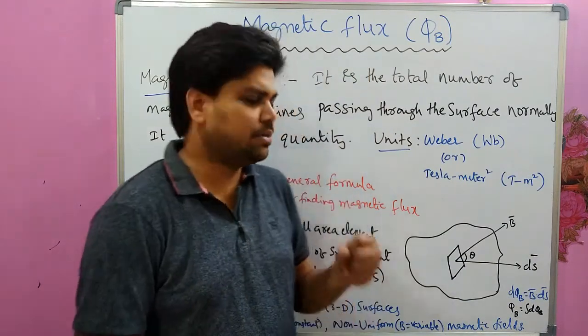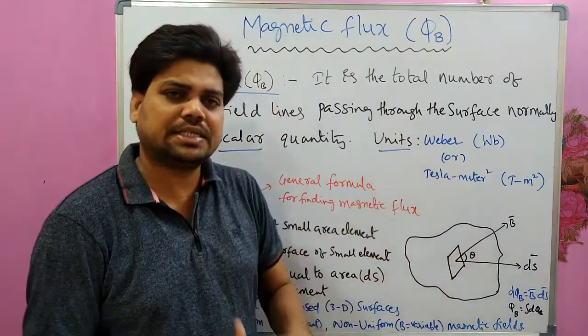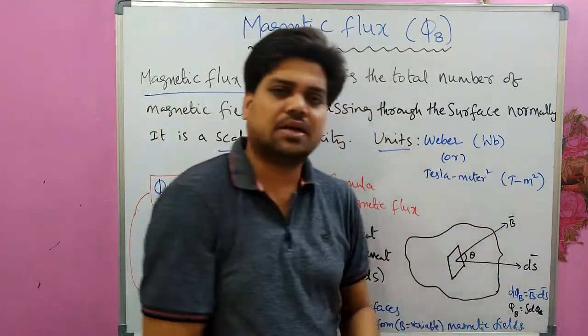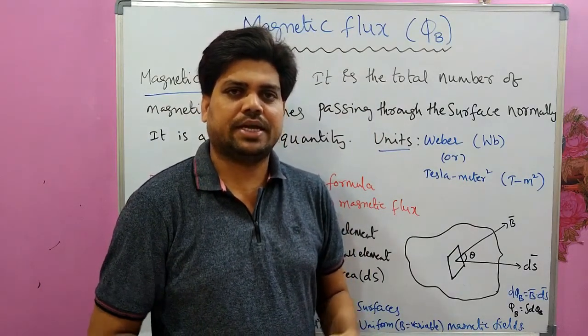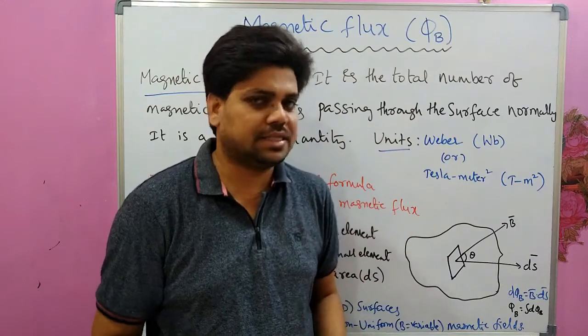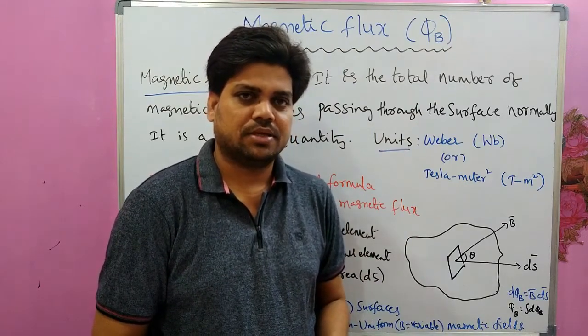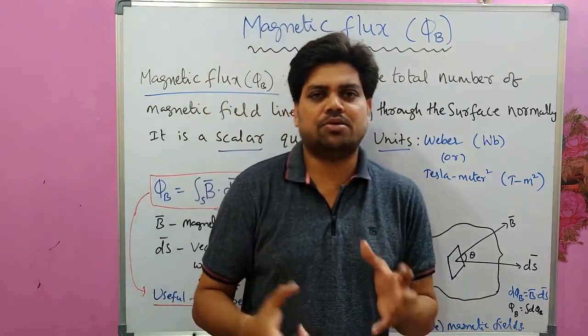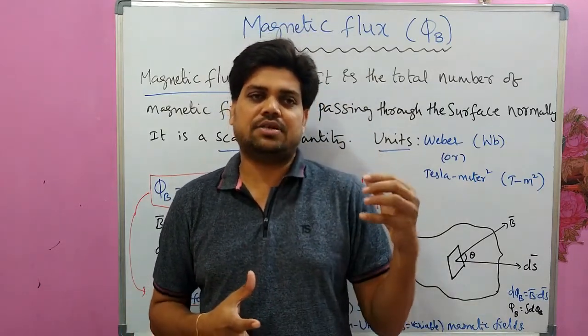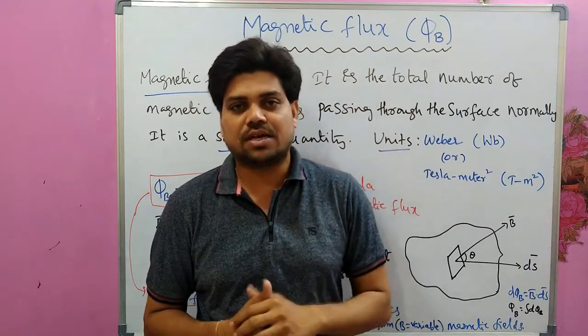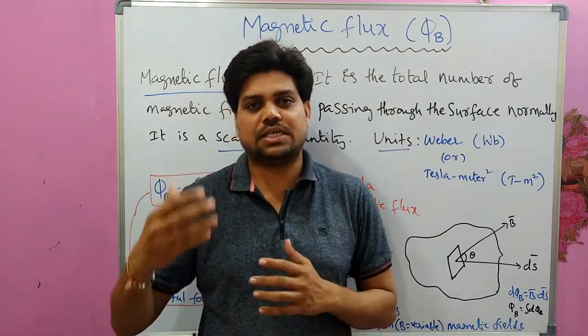To make you understand more clearly, let us consider one surface of any arbitrary shape. It can be a 2D surface, it can be a 3D surface. I have talked more about these 2D surfaces and 3D surfaces when I discussed electric flux, in the electrostatics video lecture number 4.